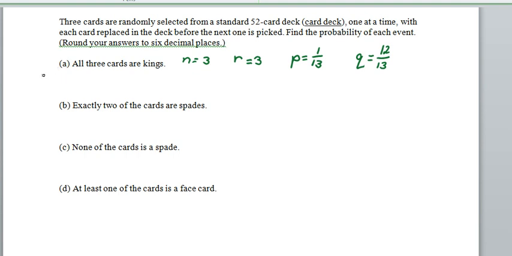So in this case, we're going to have the number of ways of having 3 trials and selecting each of the 3 to be successes, times 1/13 cubed, times 12/13 to the 0.